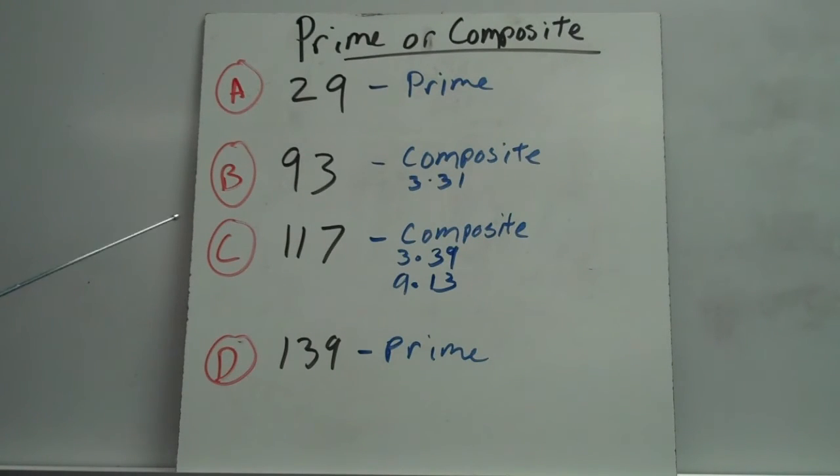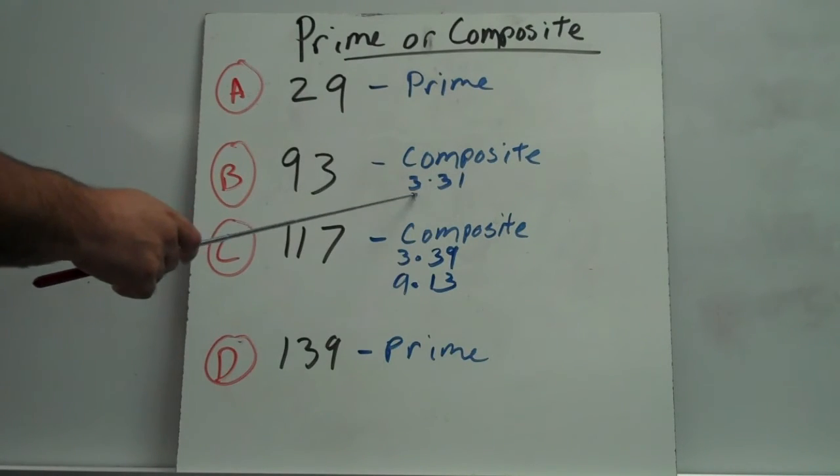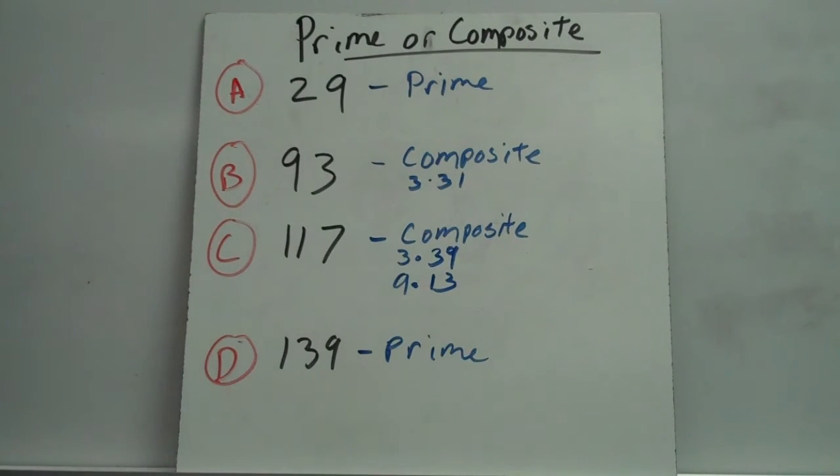To find out if something's divisible by 3, we take the digits 9 and 3 and add those together. 9 plus 3 is 12. And if that result is divisible by 3, the entire number is divisible by 3. So 9 plus 3 is 12, 12 is divisible by 3. So therefore 93 is divisible by 3. And if we take 31, multiply it by 3, we get 93.